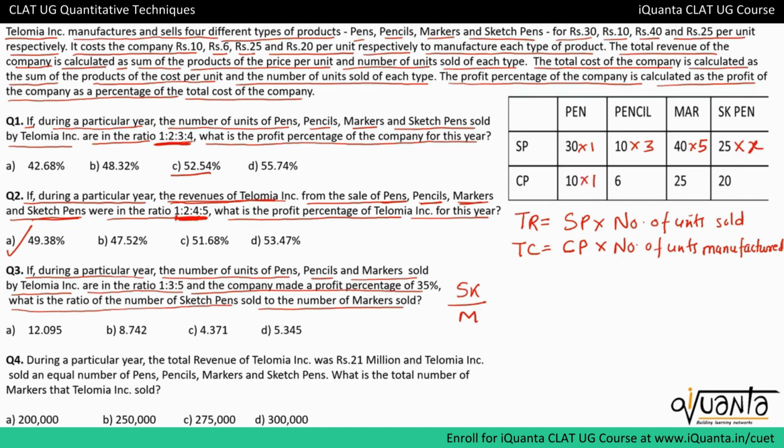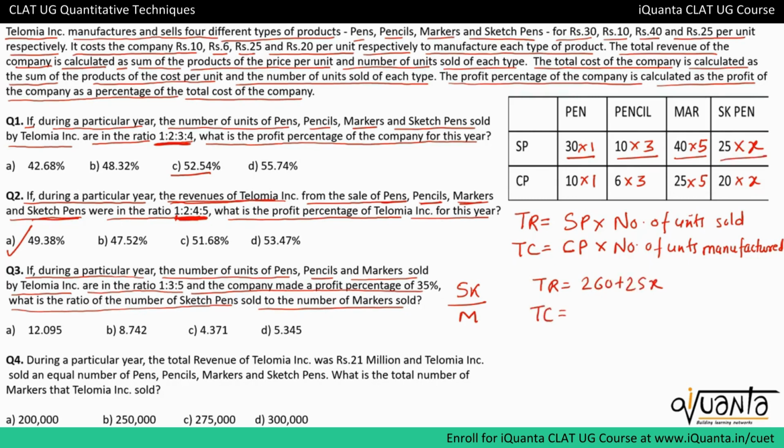Similarly, 1 pen will be manufactured, 3 pencils will be manufactured, 5 markers will be manufactured and X sketch pens will be manufactured. So the total revenue here will be 30 plus 30, which gives us 60, 60 plus 200 gives us 260. So 260 plus 25x will be the total revenue.